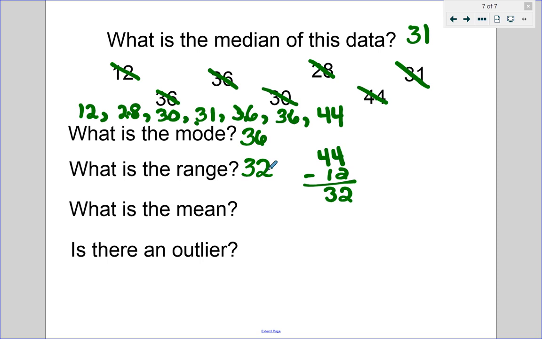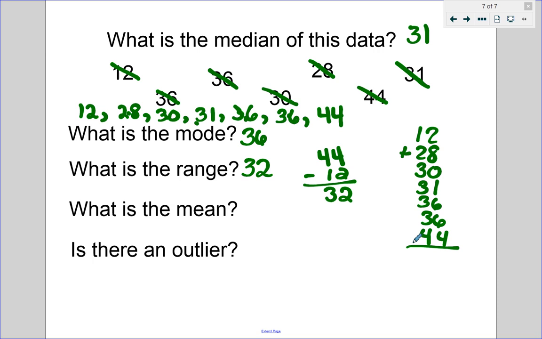Okay, what is the mean or the average that we have? So we have 12 plus 28 plus 30 plus 31 plus 36 plus 36 plus 44. Okay, now in this situation, I like to take two groups of numbers, add them together, and then go on from there.